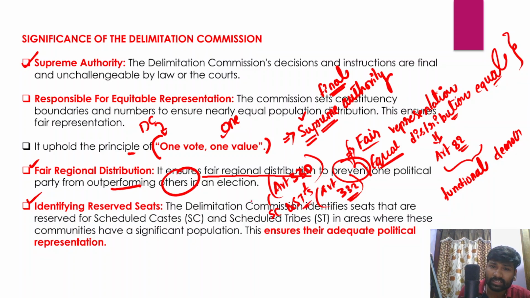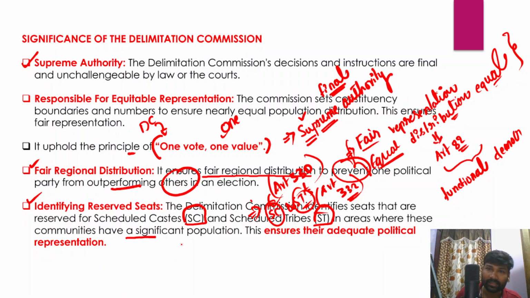So the Delimitation Commission would also play a very important role in identifying the constituencies with high population who belong to scheduled castes and scheduled tribes. Therefore, the Delimitation Commission identifies the seats that are reserved for the scheduled castes and also scheduled tribes in areas where these communities have a significant population.